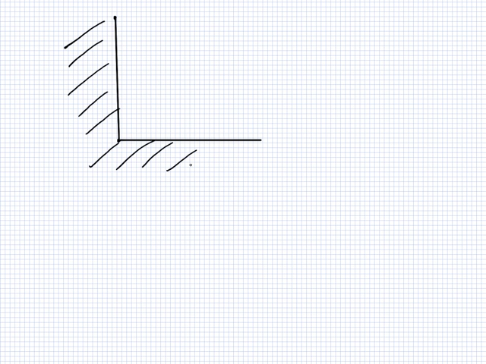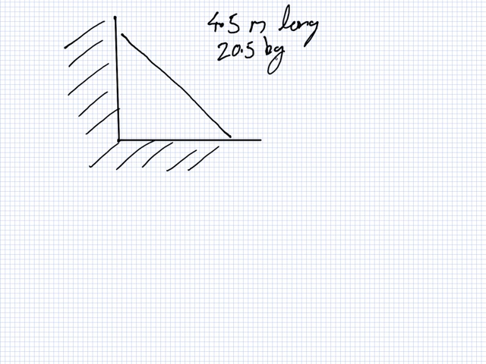Is it just a ladder up against the wall? Yeah. And what information do you know? I'll just draw it for us. The ladder is 4.5 meters long and 20.5 kilograms. Its lower end is 1.5 from the wall. A man of mass 80 is standing vertically on the ladder.